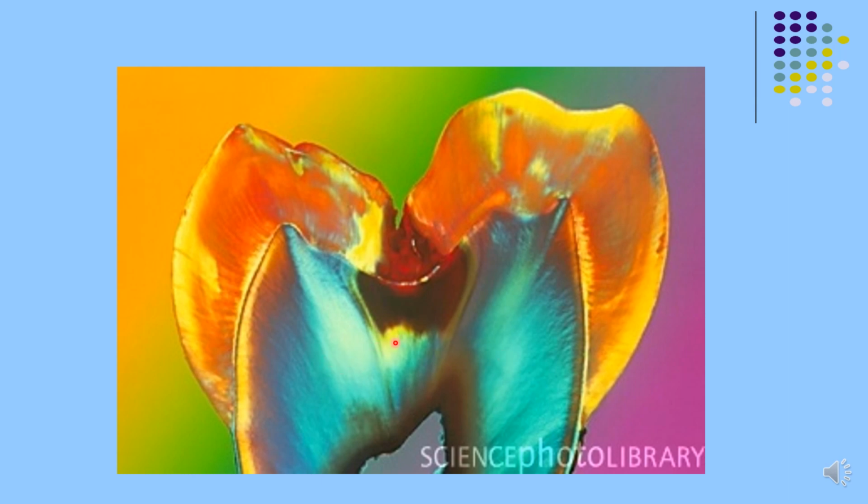The yellowish color that you're seeing is described as positive birefringence. That means there is demineralization that is slowly taking place, whereas here there is advanced loss of mineral giving rise to the larger destruction and cavitation.